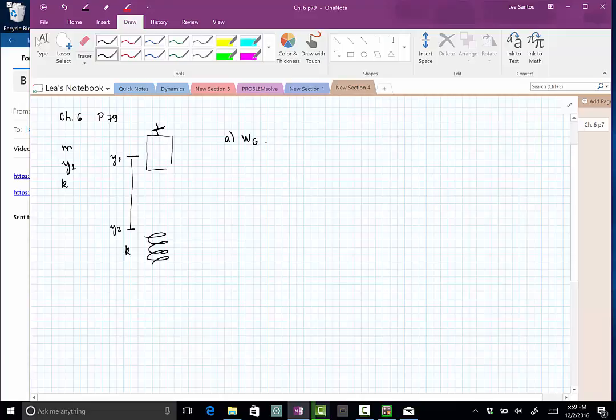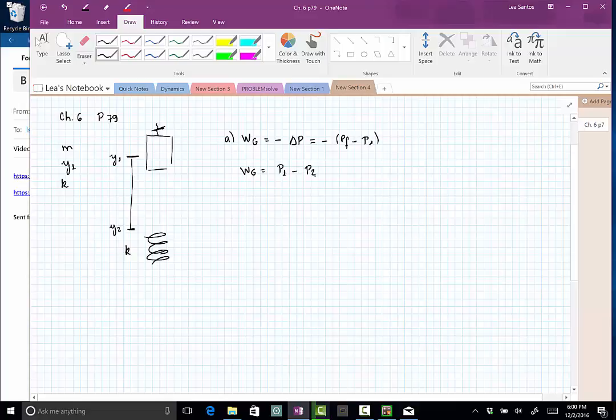We know that the work done by the gravitational force is minus the change in potential energy, meaning minus the final gravitational potential energy minus the initial. And this gives us then minus the potential energy at the final position plus the initial, so plus P1 minus P2.